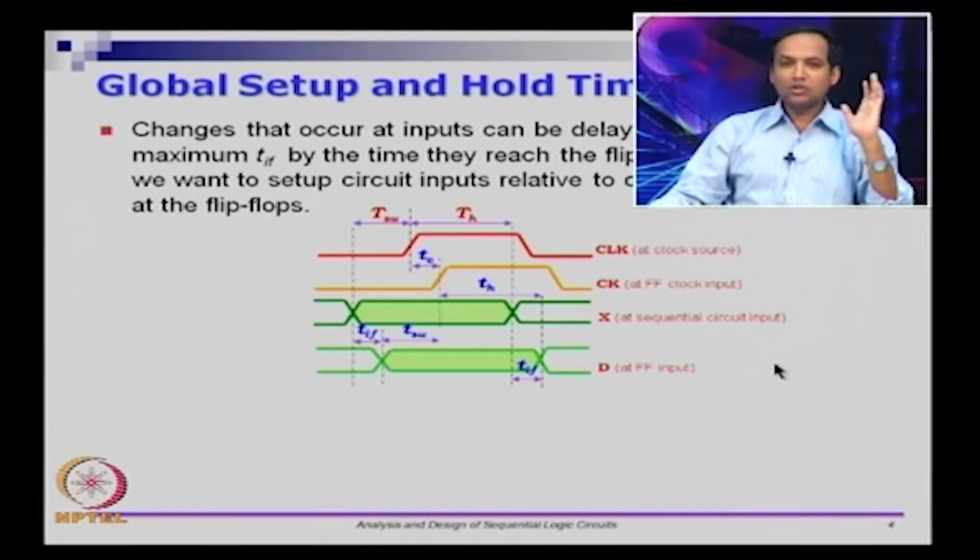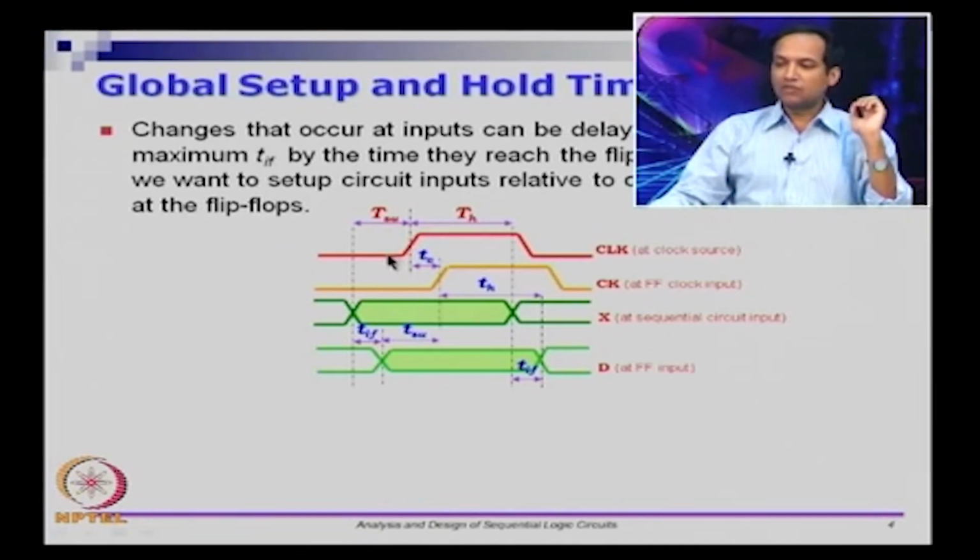Now, I want to know the relationship with the external world. So, this is the external clock signal, and how long should I keep the data stable with respect to the external clock signal, that is the global setup time, and how long should I keep it stable after the external clock trigger with respect to the input data, that is called the hold time.